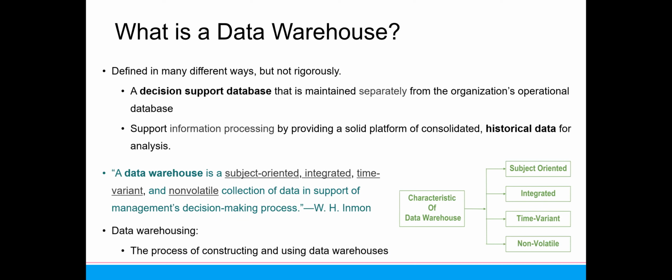The data warehouse is defined in many different ways, but not rigorously. It is a kind of decision support database that is maintained separately from the organization's operational database. So we have a decision support database and we have an operational database.